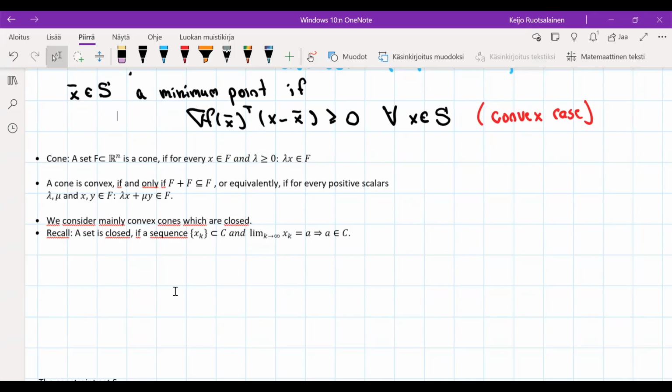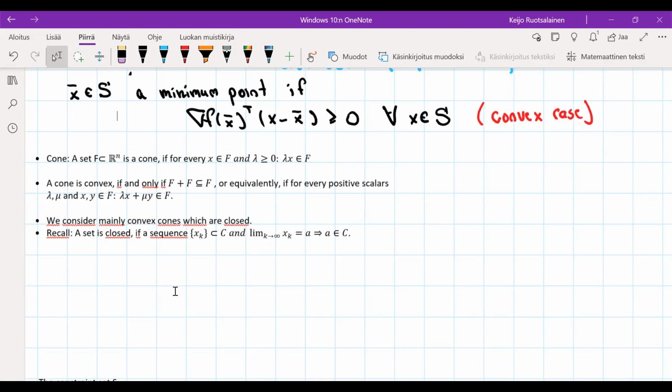So obviously the origin belongs to the cone, because if we multiply any point x with lambda equals 0, then we are at the origin, so the origin must belong to the set.